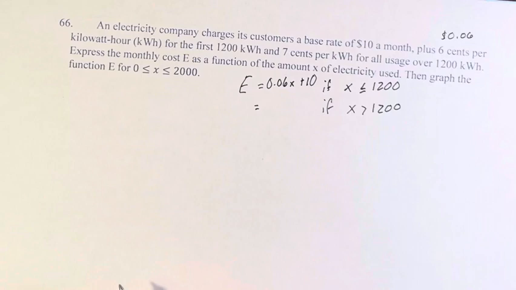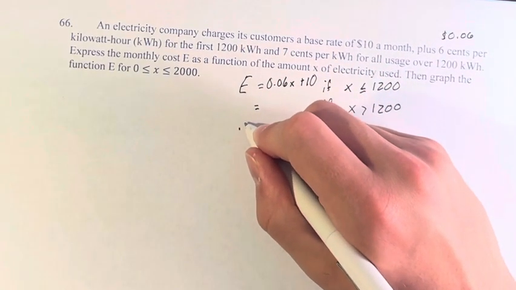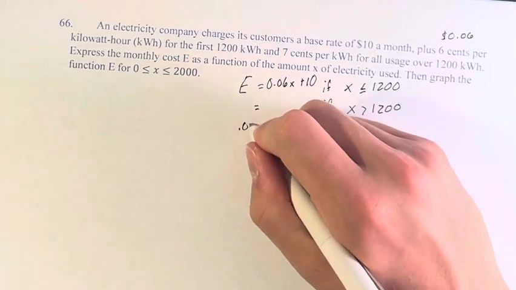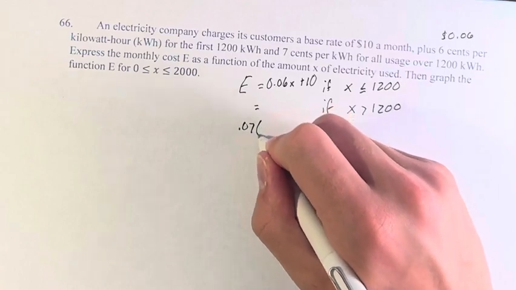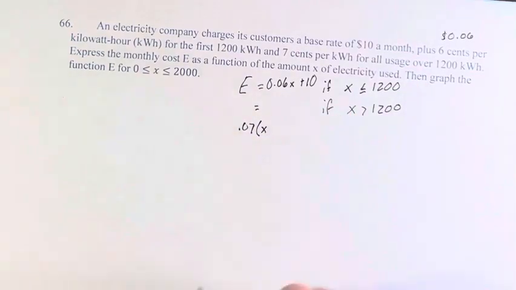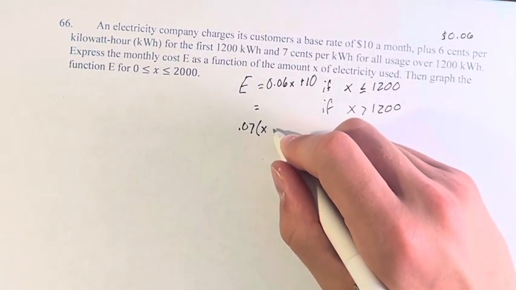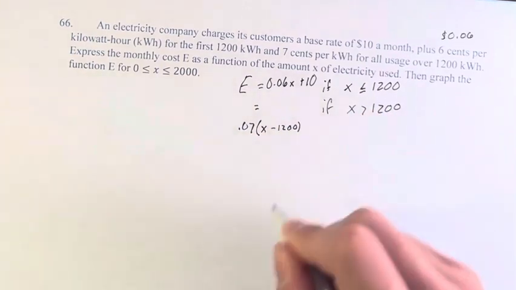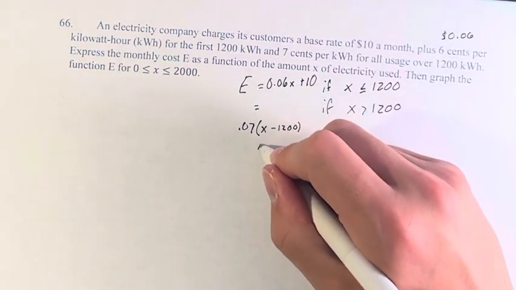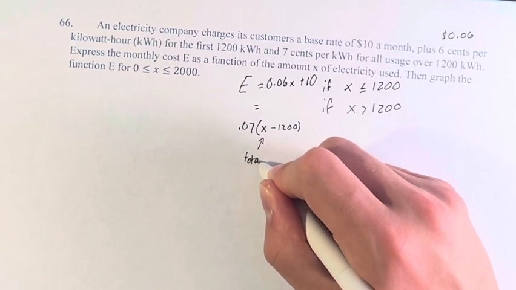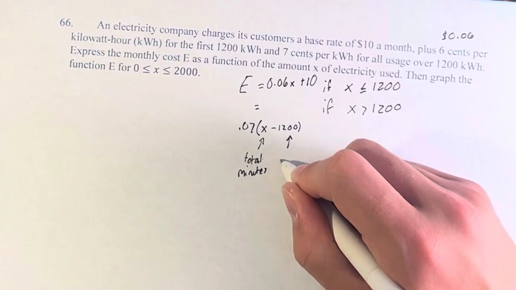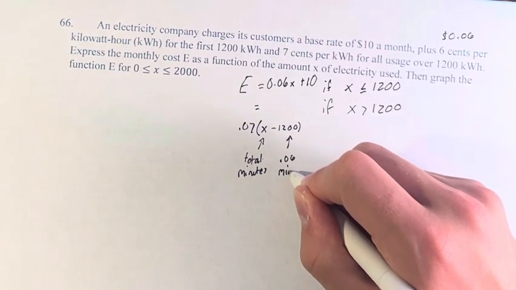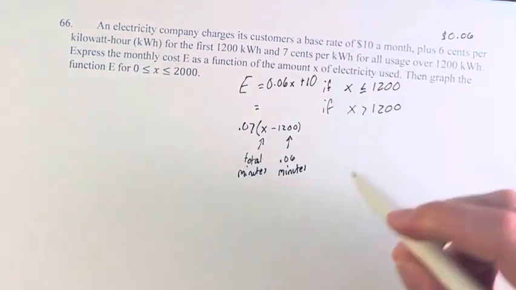If X is greater than 1,200, you're paying 0.07 dollars per kilowatt hour times X minus 1,200. This is your total hours minus the 1,200 hours which are covered by the lower rate.